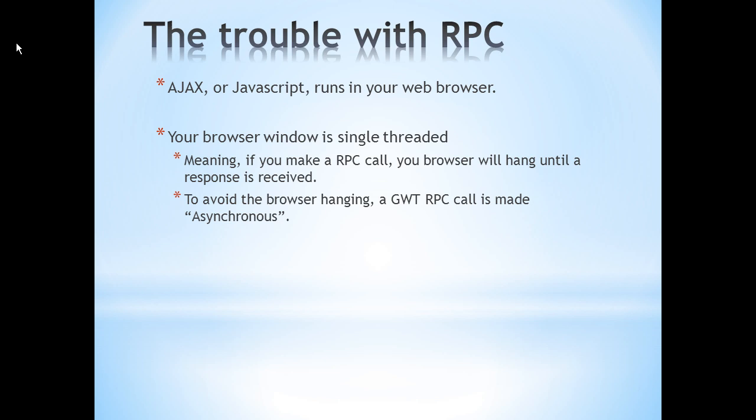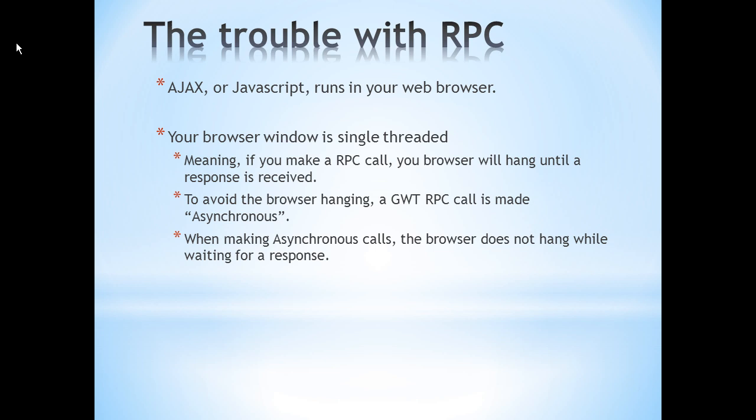So to avoid a browser hanging, the RPC call is made asynchronous, as opposed to the traditional synchronous pattern in which you normally invoke methods. Don't worry, I'll explain this in more detail. When making asynchronous calls, the browser does not hang while waiting for a response. So that's ideally what we need to do.